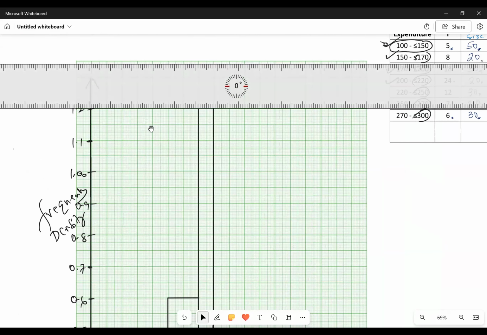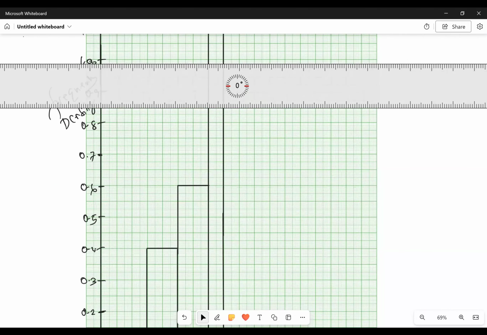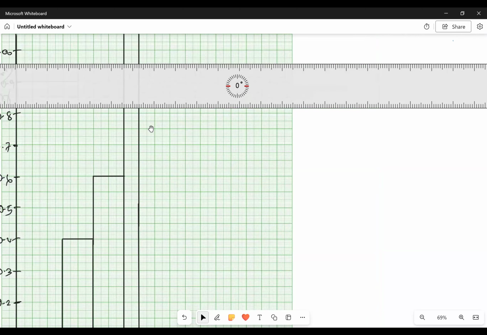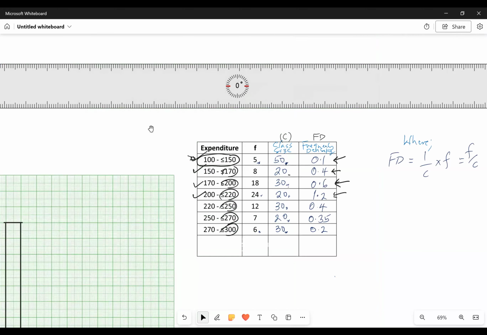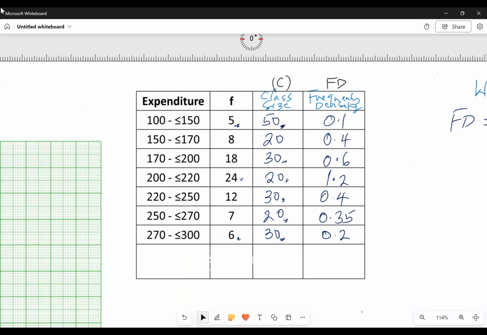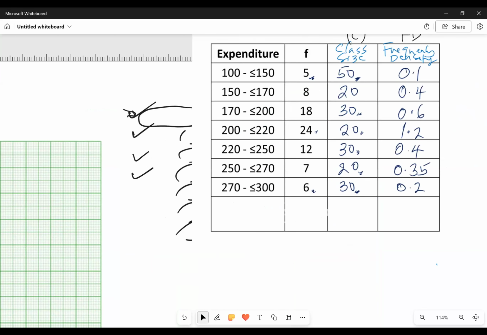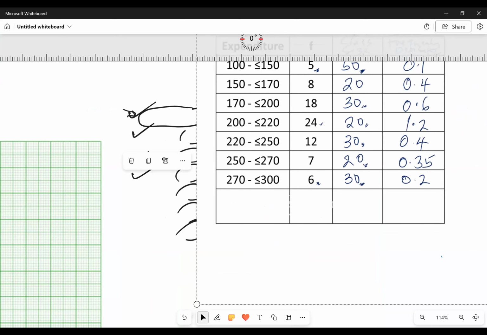If it is 20, to be a small one. If it is 50, to be a big one. If it is 30, yeah, I'm talking about the class sizes. The bars must reflect the class size. If it is 50, we need to see it is a 50. If it is 20, we need to see that. If it is 30, we need to see that. So, I think you have appreciated what I'm doing already.